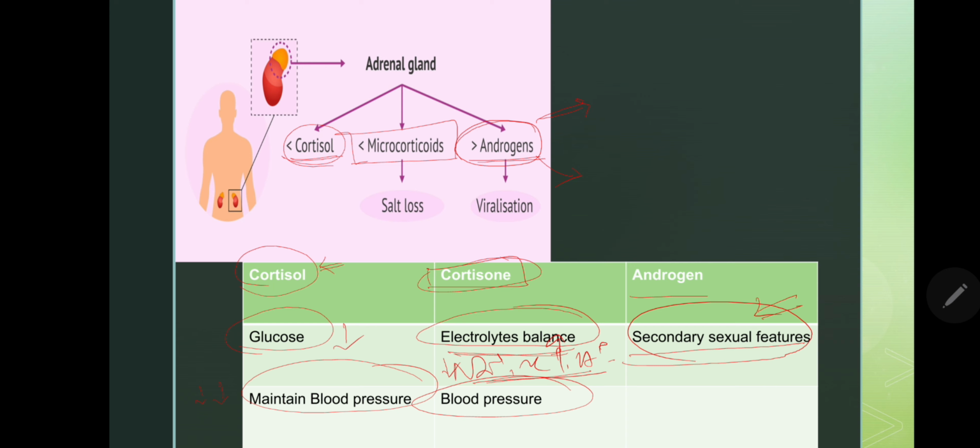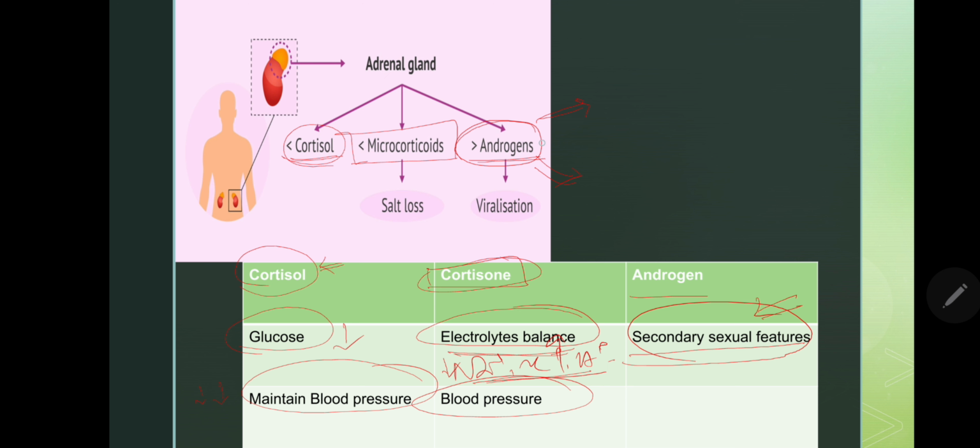The female secondary sexual features are production of pubic hair, breast development and maturation of the breast follicles, and also underarm odors and hair. So when there is an overproduction, these features increase, and when there is an underproduction, the features will not appear.